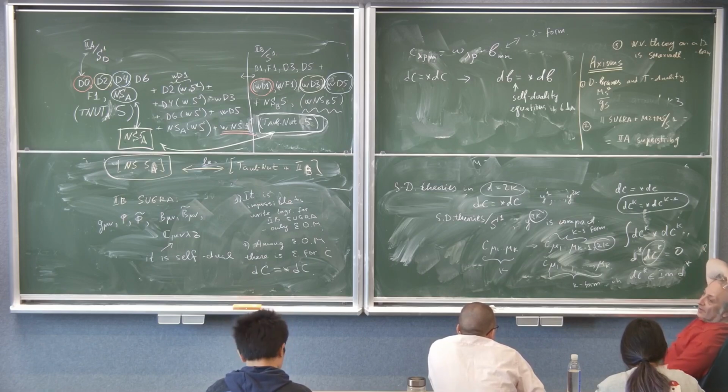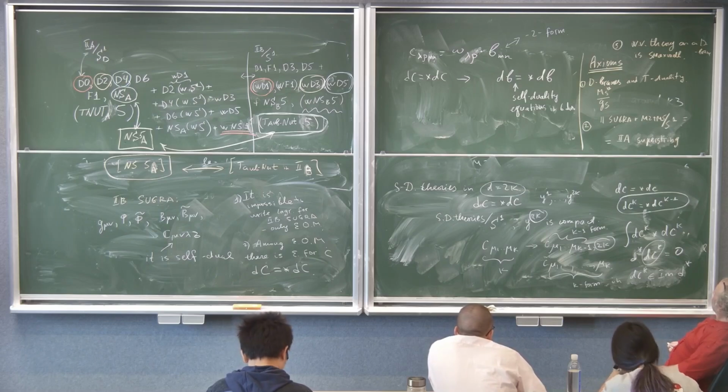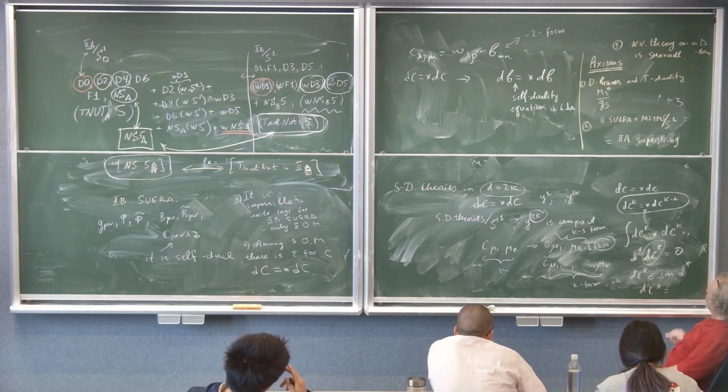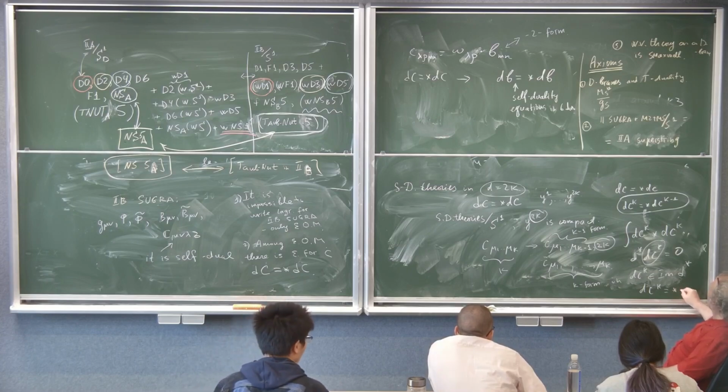However, if I'm on flat space, the kernel of d star and the image of d star are the same. So on flat space, I will say, look, from this equation there is some C_{k minus 1} such that it happens.